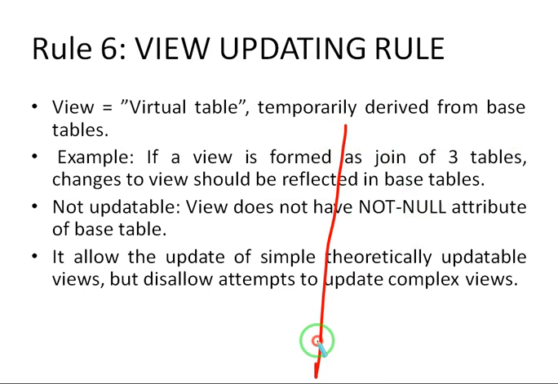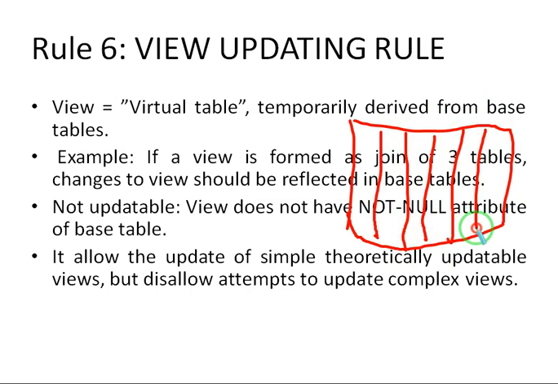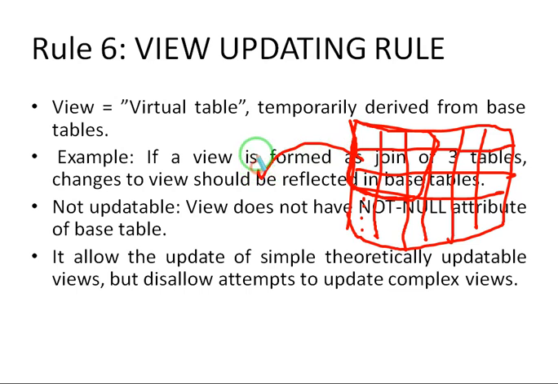Suppose I have multiple columns and hundreds of rows, but I am interested only in these two rows and these three columns, right? At that time I make one virtual table which stores only these three columns with these two tuples.